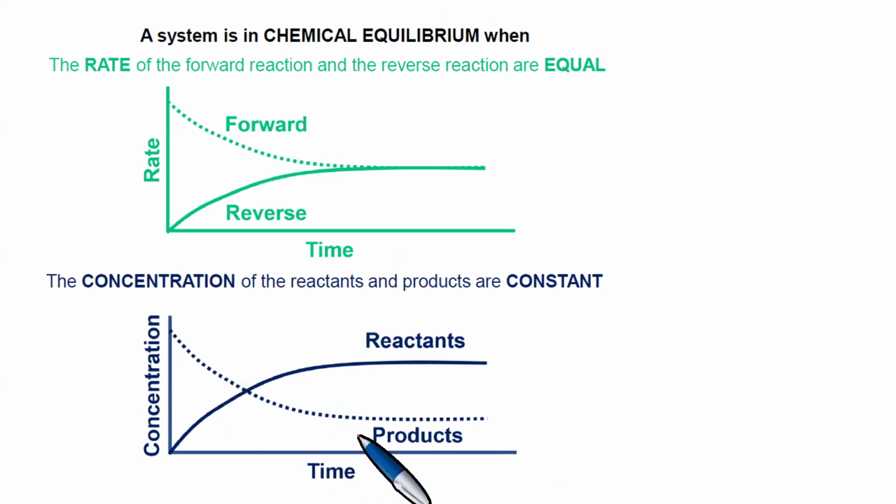But what we are able to see is that the concentrations become constant, meaning these will go horizontally for some time, or at least indefinitely. So we have looked at the rates and the concentrations.